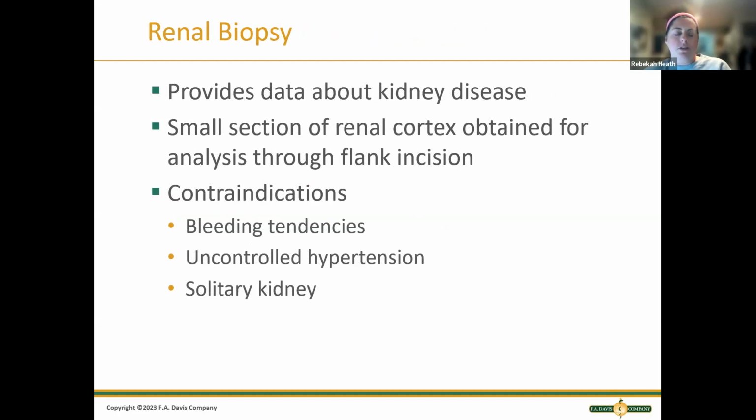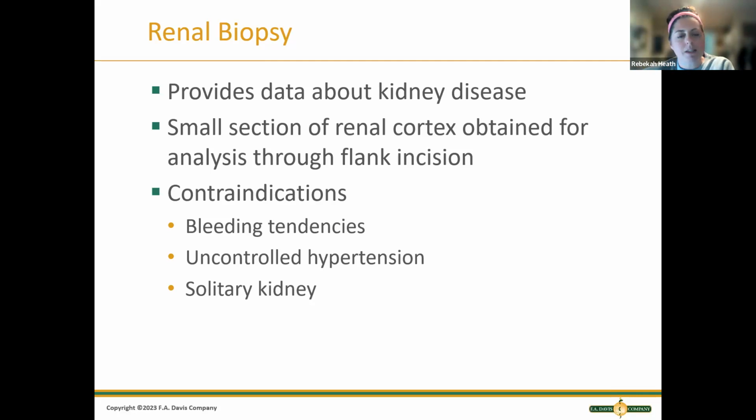So some procedures or tests that we might do with patients who have renal or kidney issues or urinary issues. Renal biopsy. Sometimes if we're looking at renal disease, trying to figure out what's going on with patients, occasionally for tumors, we might be getting a biopsy, or kind of a collection of tissue. So a small section is obtained. It says through a flank incision.